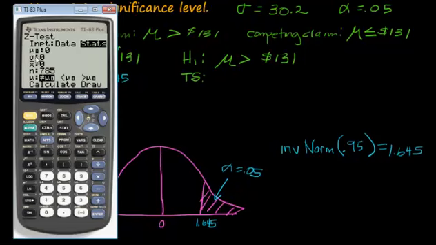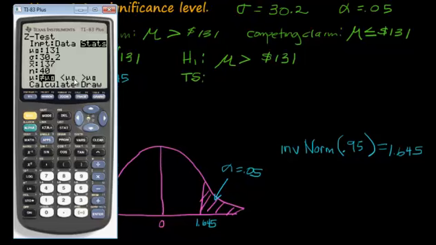Tab down. What's the mean? Mu with this subscript 0 means what's your null hypothesis value? That's the 131. My sigma we said was 30.2. The mean from the sample was 137, and my sample size was 40.